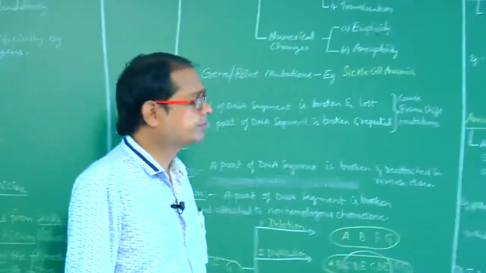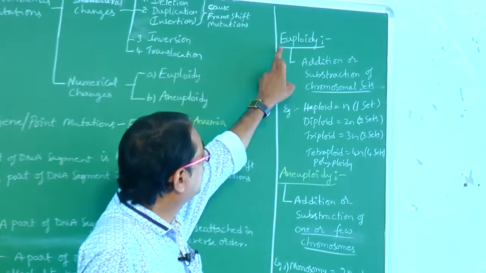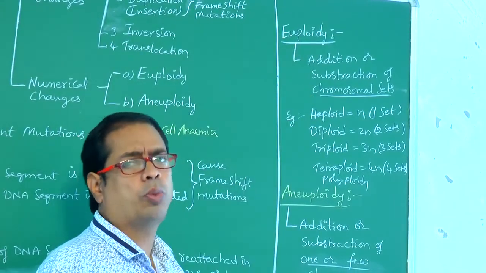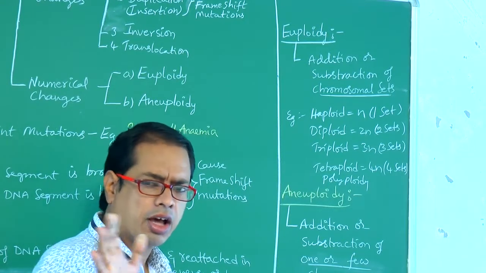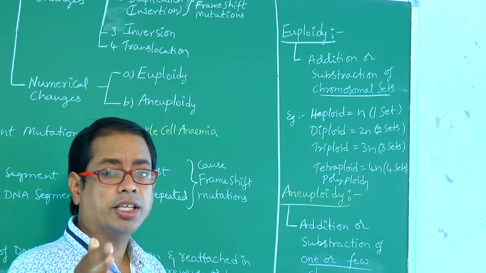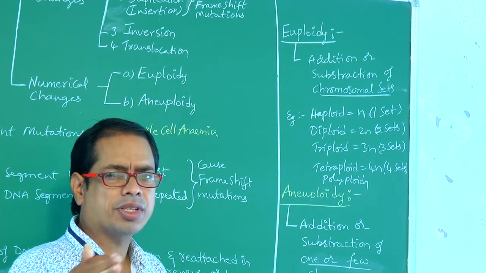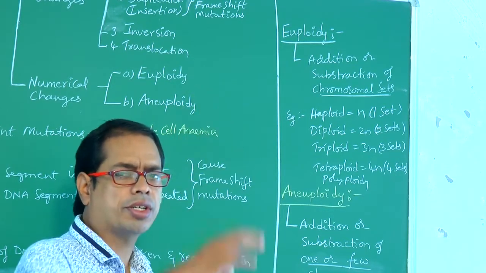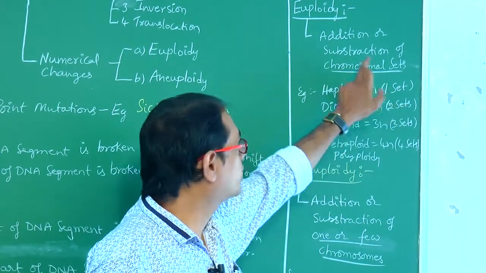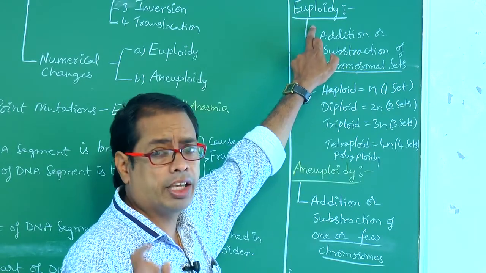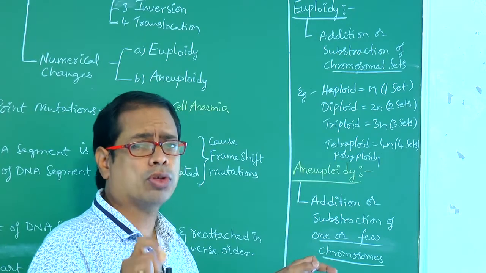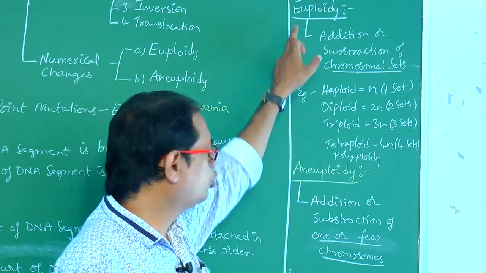Okay. Next one, euploidy. Eu means true ploid, that is addition or subtraction of chromosomal sets. Addition or subtraction of sets of chromosomes is called euploidy.